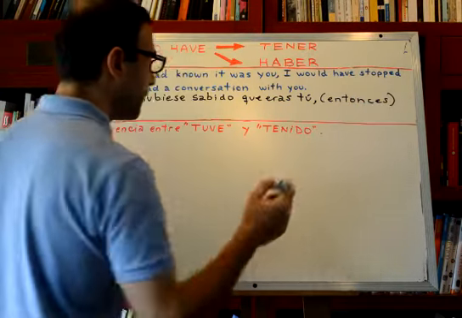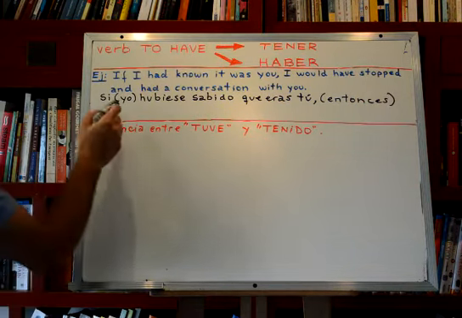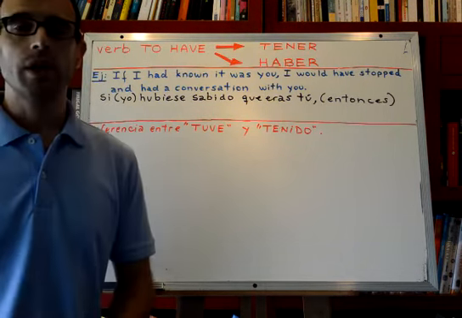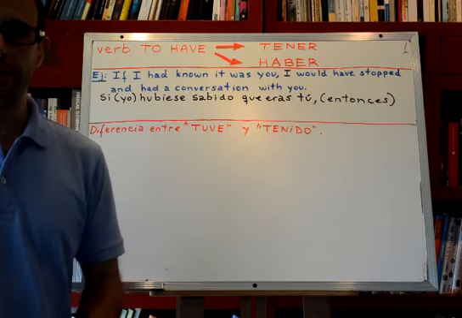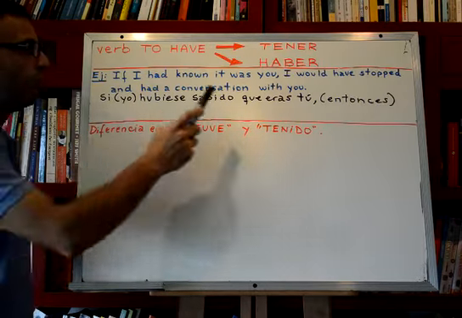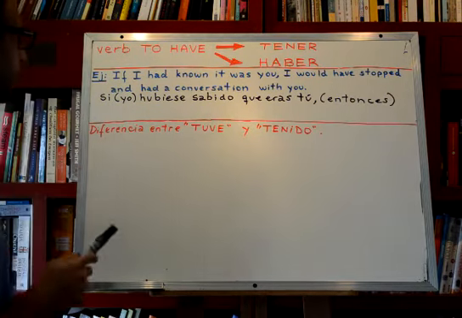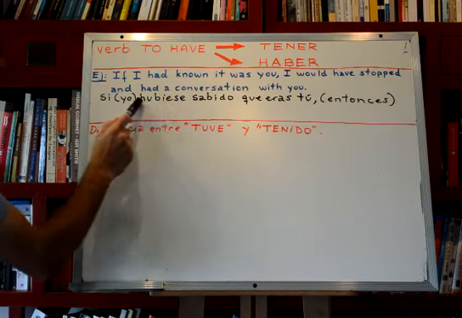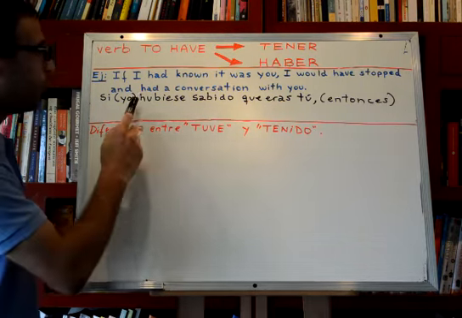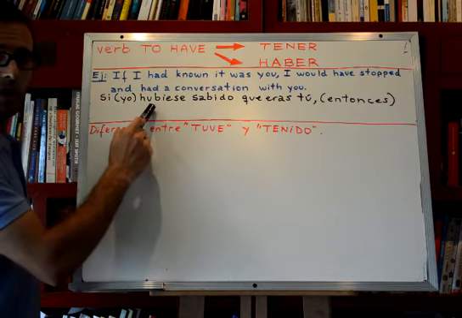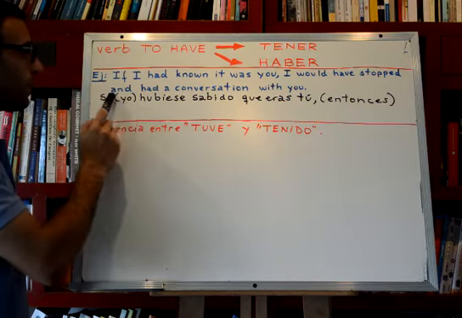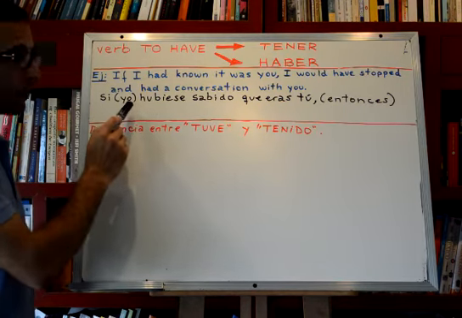Now, see, why am I writing these words between brackets? Because the sentence is grammatically perfect no matter whether we include or omit these two words, okay? In Spanish, since the conjugated verb already tells us who the subject is, we can omit the subject pronoun, okay?